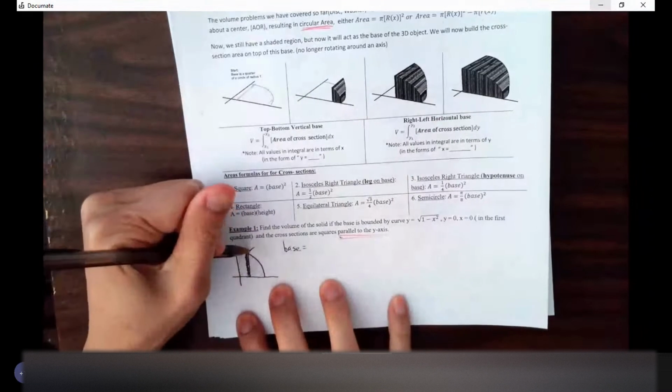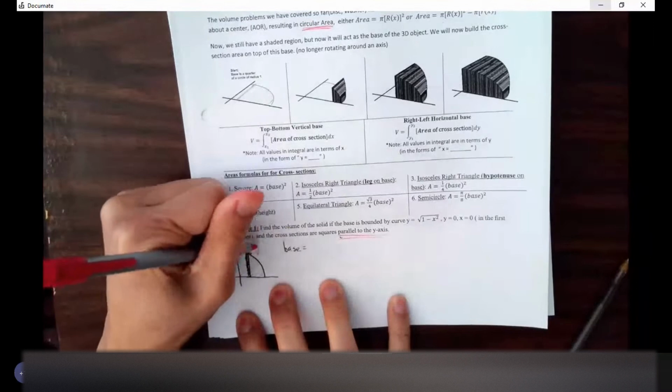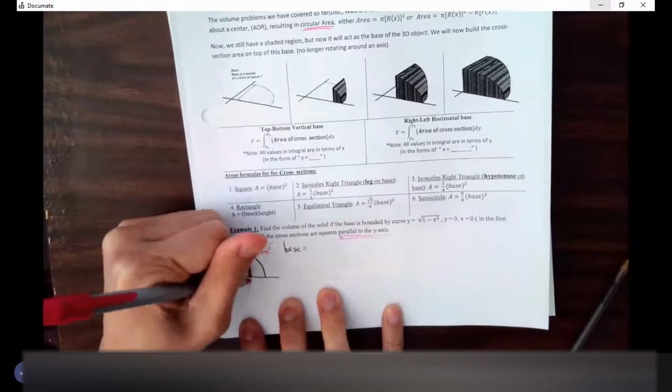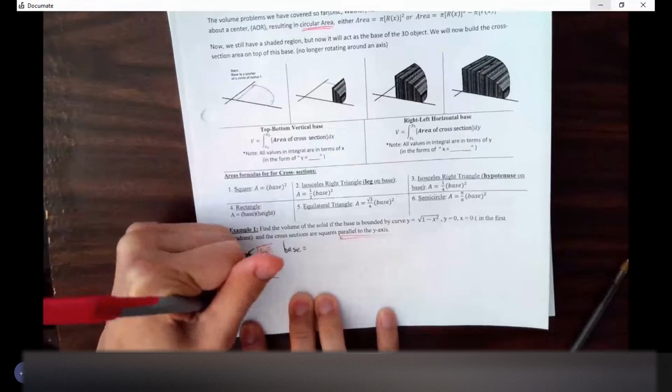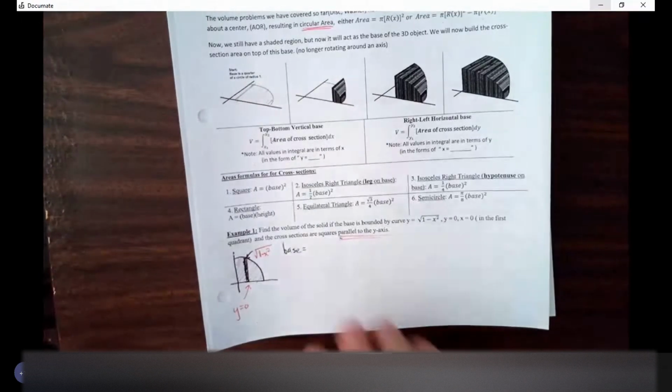So let's identify the top and the bottom. The top is sitting on the curve, which is the square root of 1 minus x squared. The bottom is sitting on the 0. So we just do top minus bottom.